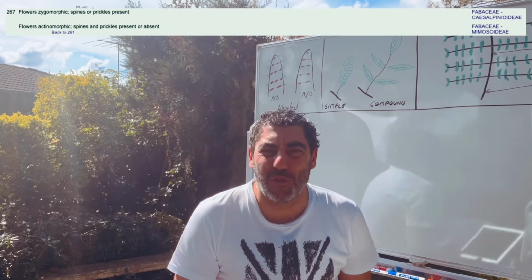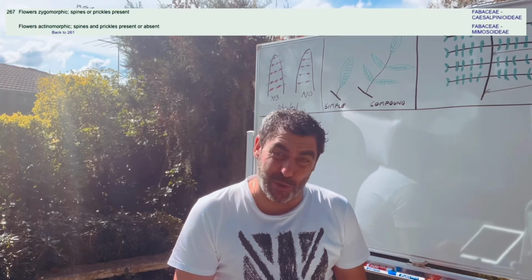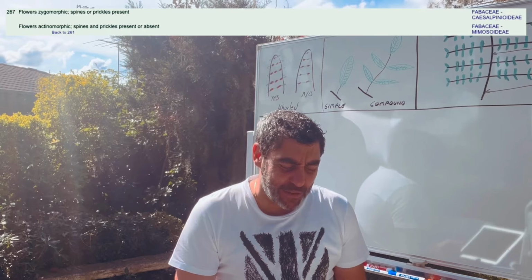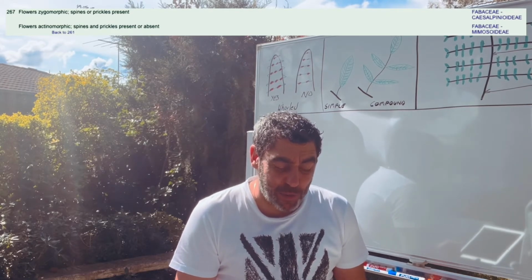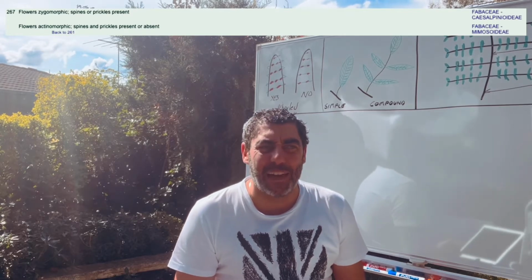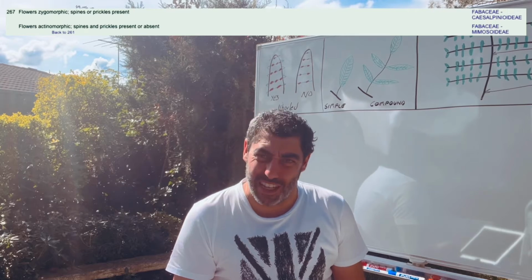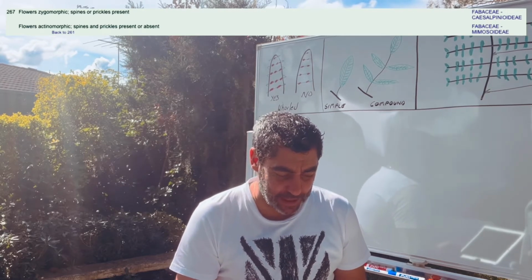The first point here is the flowers are zygomorphic, spines or prickles present. A second choice given to us is flowers are actinomorphic, spines or prickles present or absent. Now, when I went through the tree and I took my photos, I didn't see any spikes or prickles present or absent.